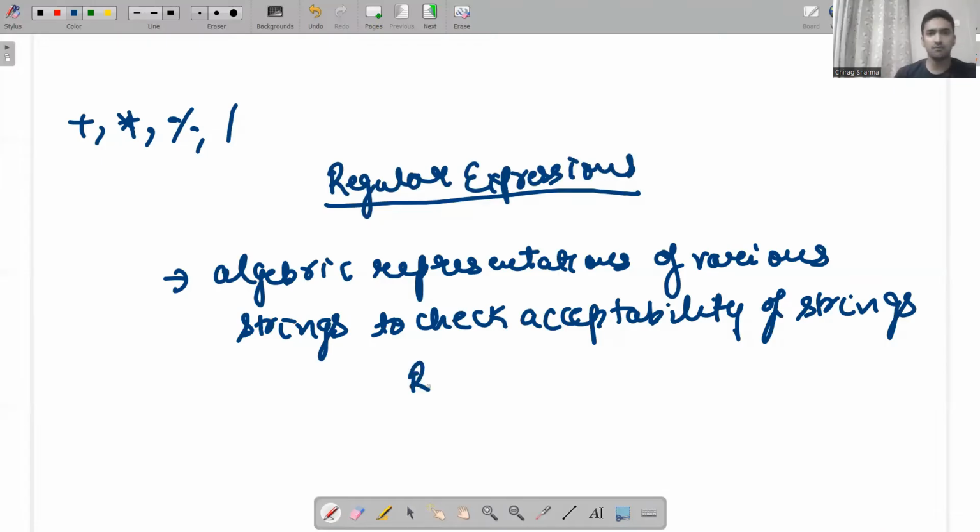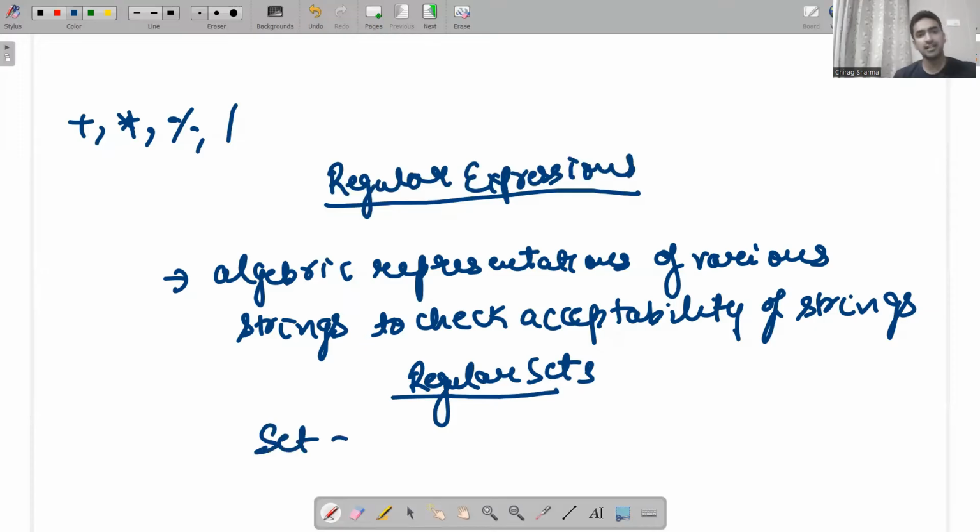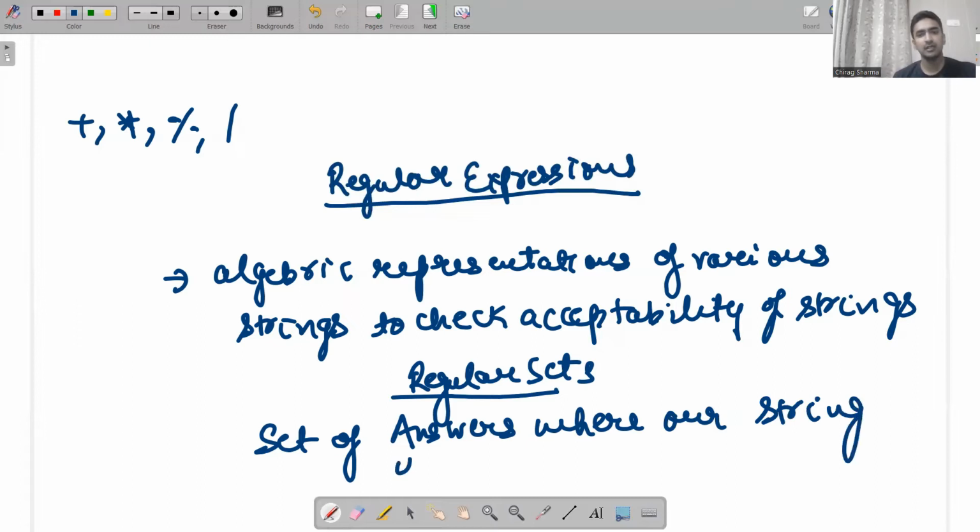So if I talk about a regular set, in easier terminology, what is a regular set? A regular set is actually your set of answers where a string is accepted.